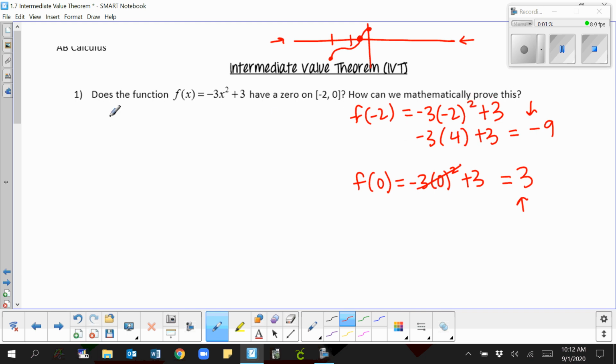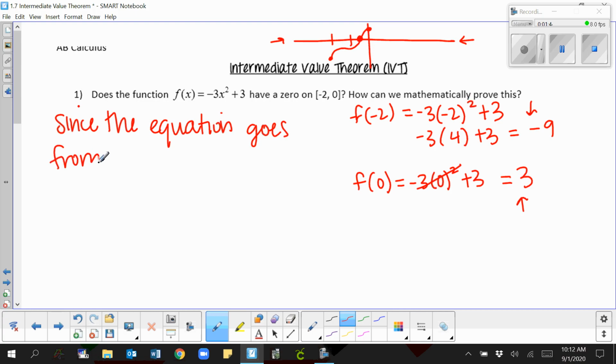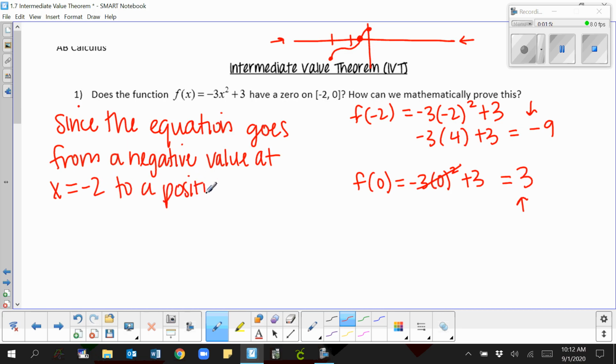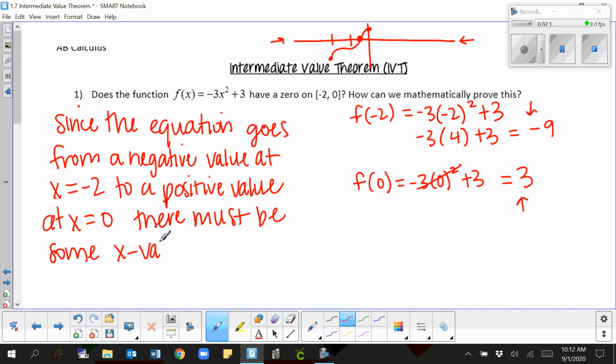So what we're going to say is, since the equation goes from a negative value at x equals negative 2 to a positive value at x equals 0, there must be some x value in between where f of x equals 0.